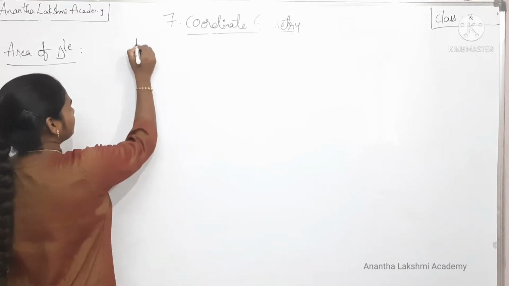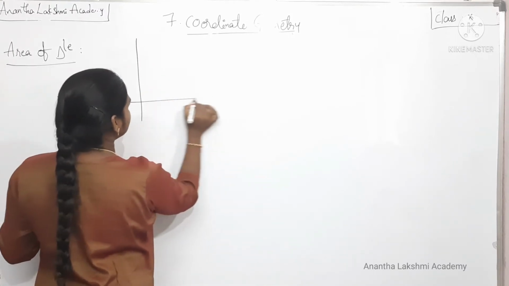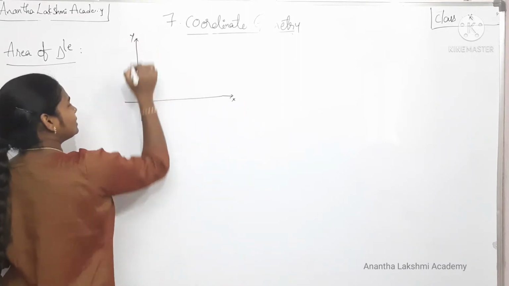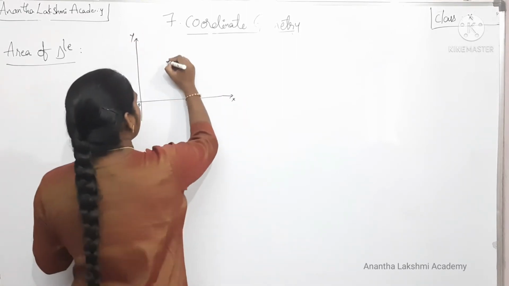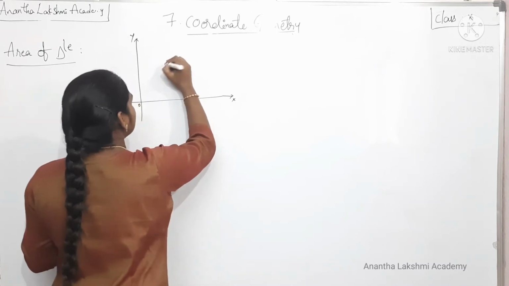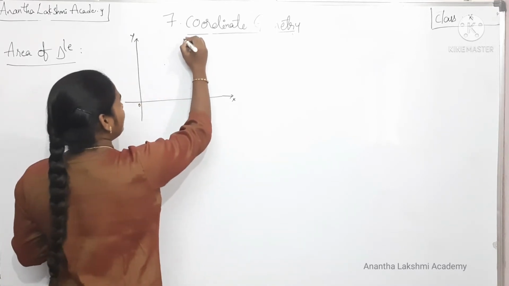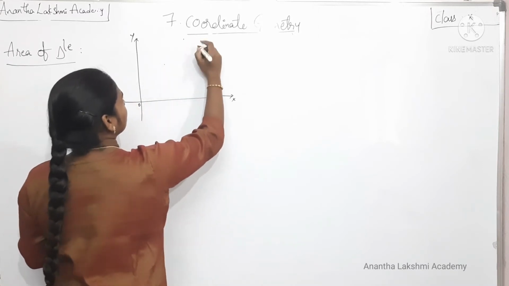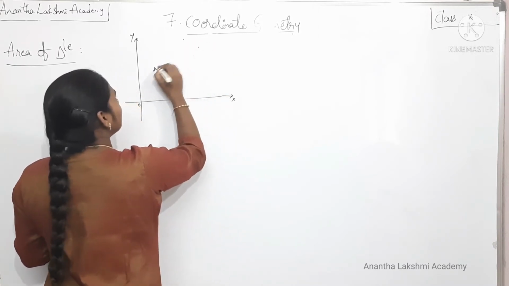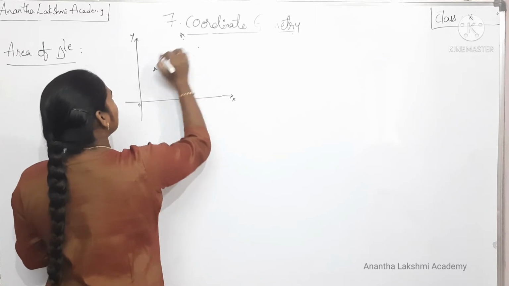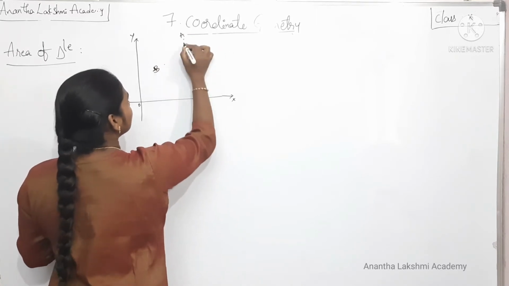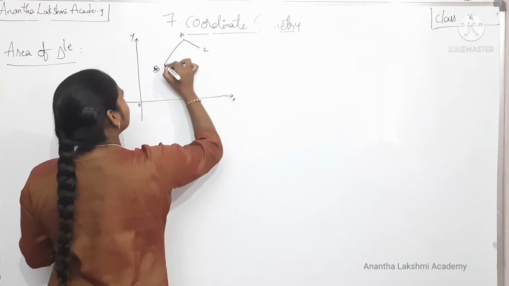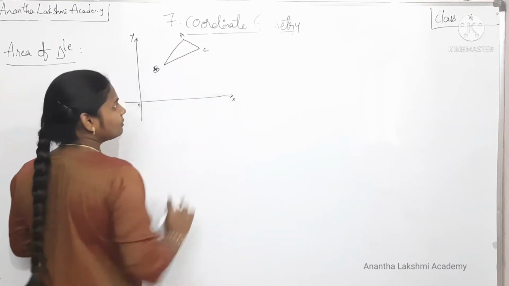Yes. Now these are the coordinate axes. This is the x-axis, y-axis, origin. Now I have a triangle like this. Point A, point B and point C. Okay, let me join all these things.